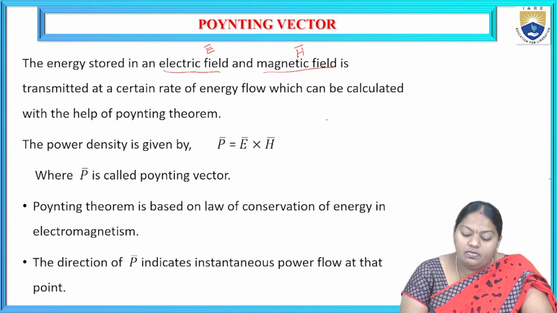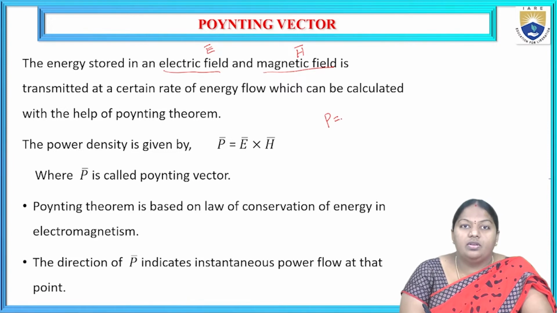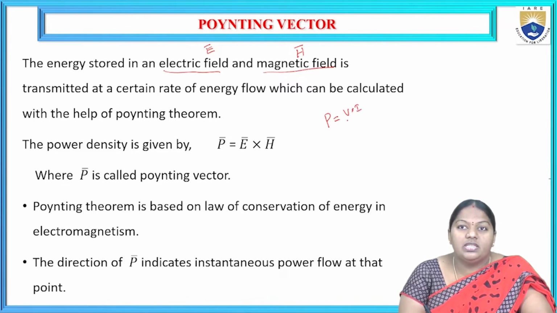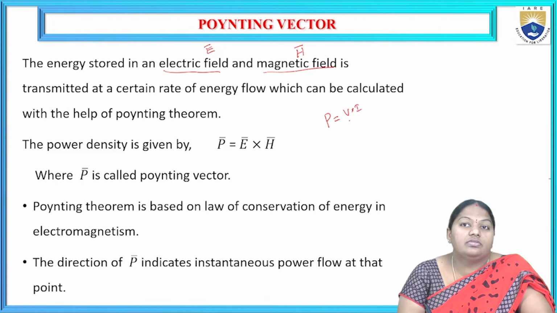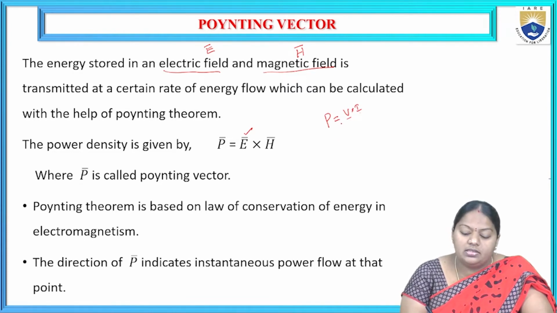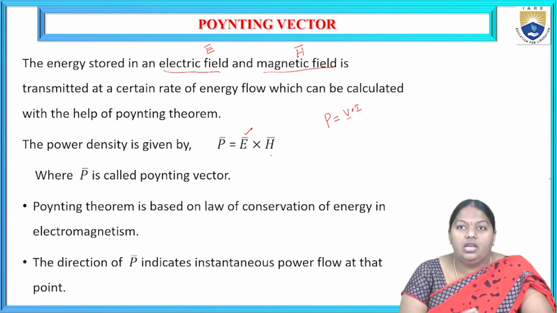In general we represent power with two parameters, voltage and current. As in circuit theory, power is the multiplication of V and I. Coming to field theory, V is replaced by the electric field intensity vector E and I by the magnetic field intensity vector H. Hence, P bar is given by E bar cross H bar.